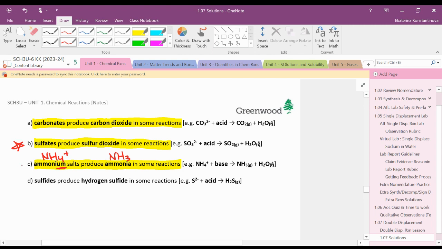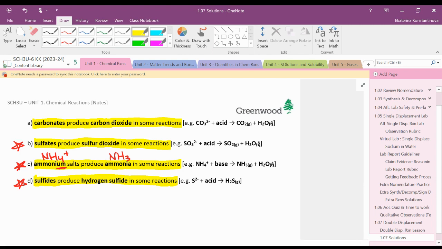And then this is also very new to you: sulfides will produce hydrogen sulfide in some reactions. So you're going to need to use this table for the first little while you are doing double displacement. Eventually, these will come second nature to you.